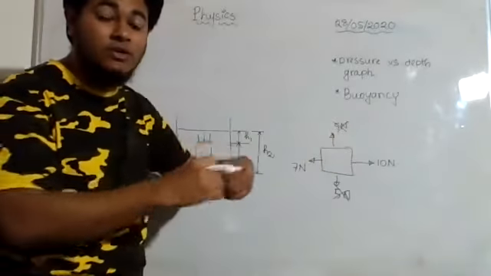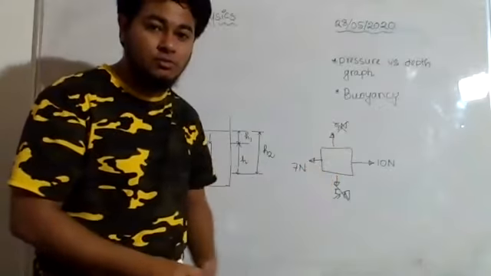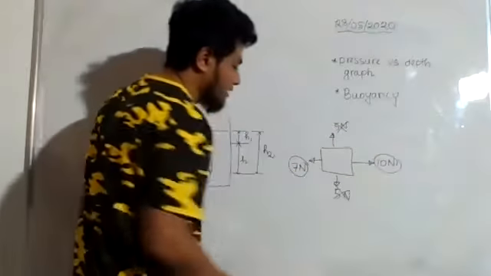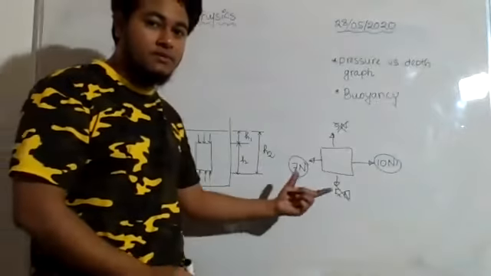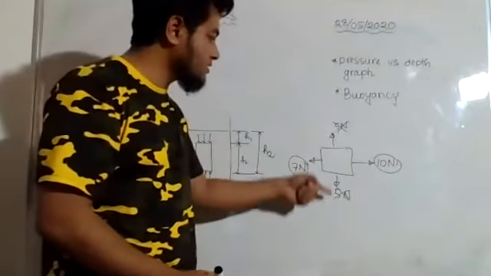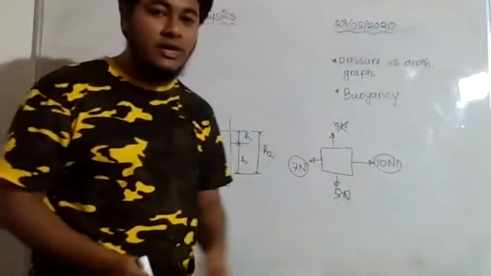So as a result, they will not have any effect ultimately on this body. The forces that I'm going to consider are only 10 Newton and 7 Newton. When I calculate the resultant force, I will consider these two only.